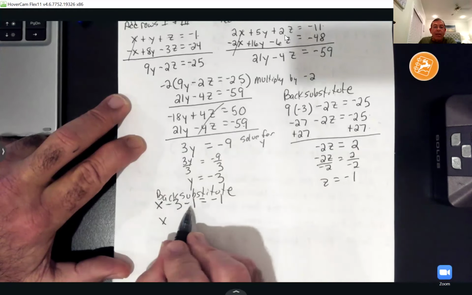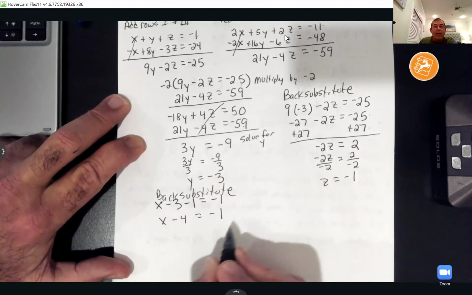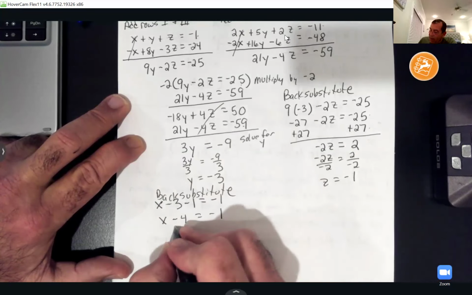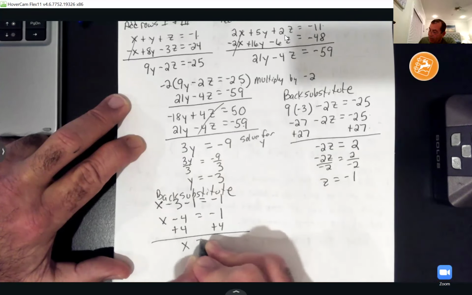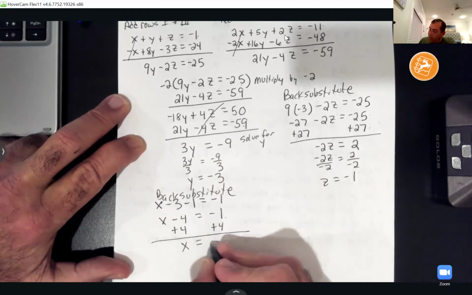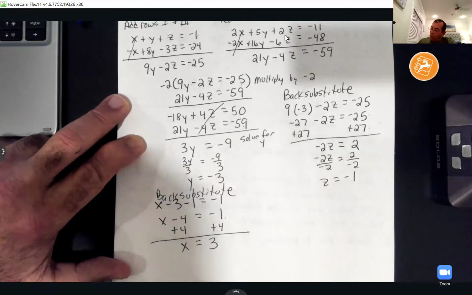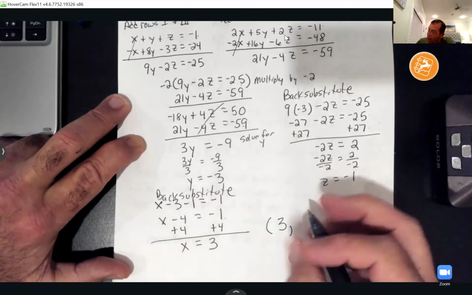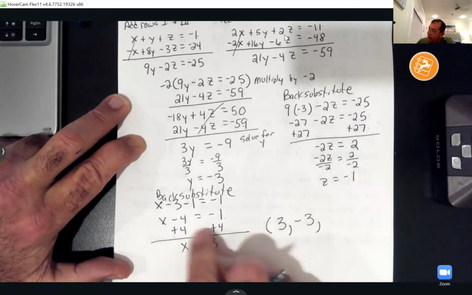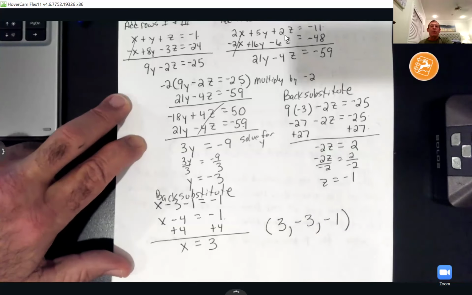So a -3 minus 1 gives me -4, equal to that -1. And finally, add 4 to both sides. And 4 and -1 means my x is 3. So remember, ordered triples. The x, then the y, which was -3, then the z, which is -1.